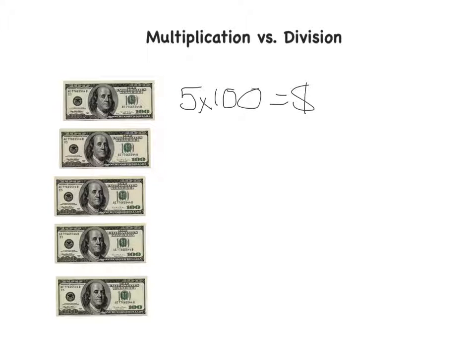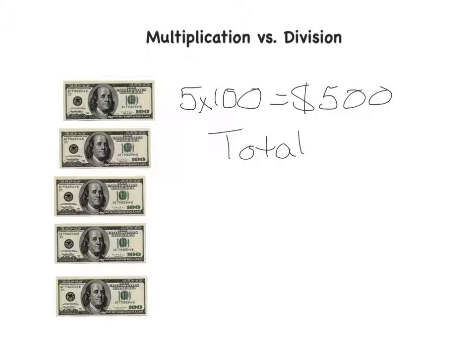The key in this problem is that they're asking for a total, which tells me it's multiplication of wanting to know the whole amount of money. And they're equal parts. Each student received $100. That's how I know it's multiplication, because sometimes in addition, it can be different amounts.